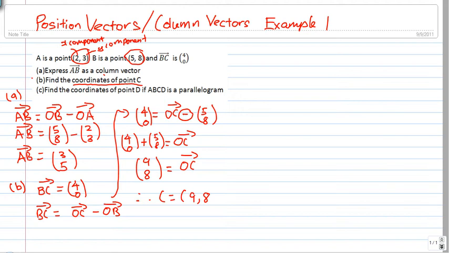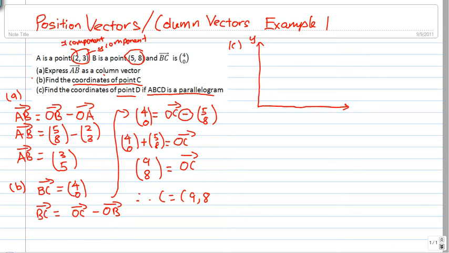Next question. Write C here. Find the coordinates of point D, if ABCD is a parallelogram. So we've got A, we've got B, we've got C. Let me just draw and show you roughly how it looks. This is your y-axis.